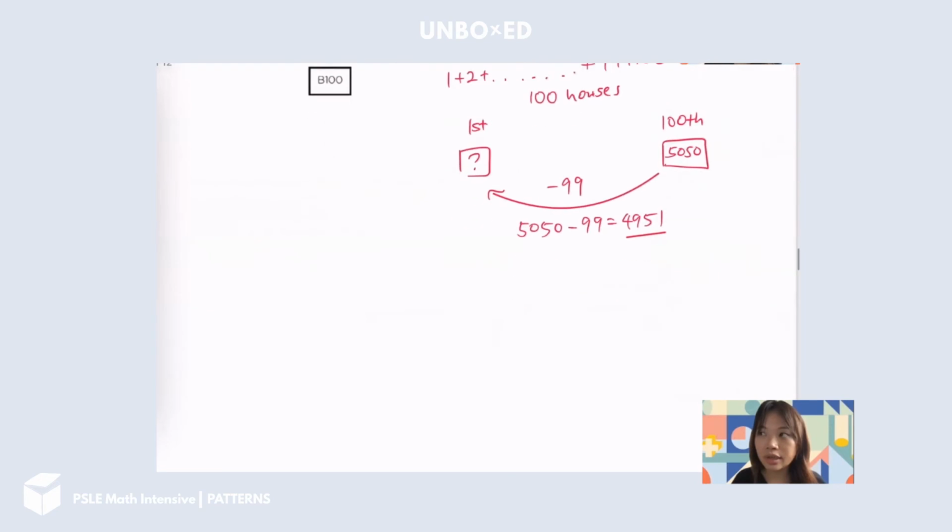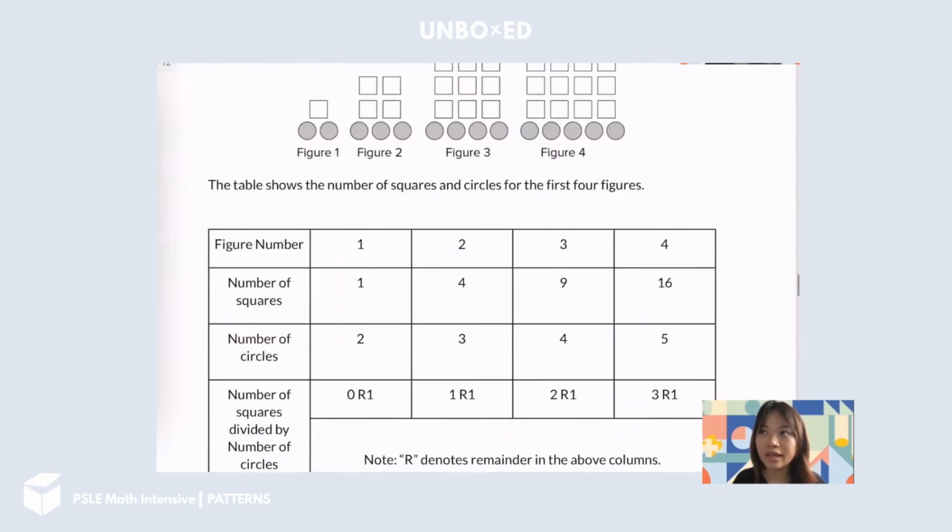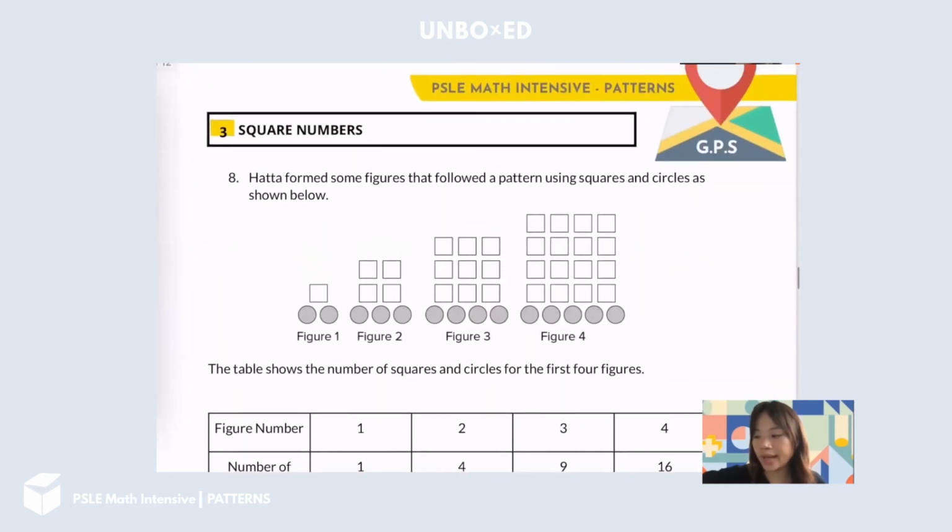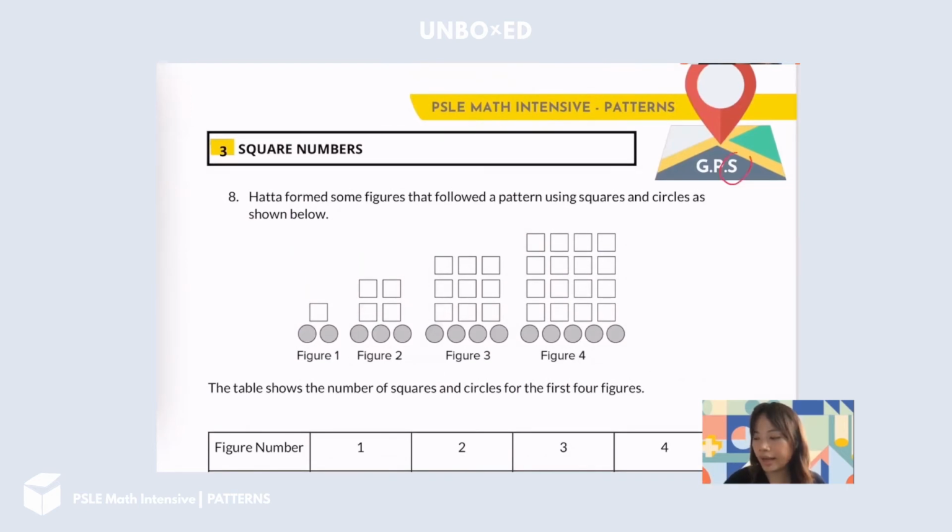So the last one that you're going to learn is none other than square numbers. The S stands for square numbers. Square numbers start from a number squared: 1 times 1, 2 times 2, 3 times 3, 4 times 4, 5 times 5, 6 times 6, and so on.